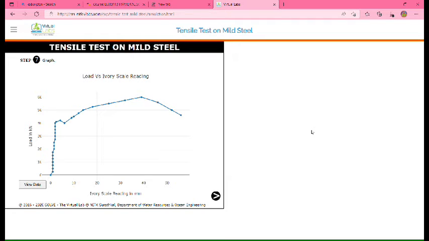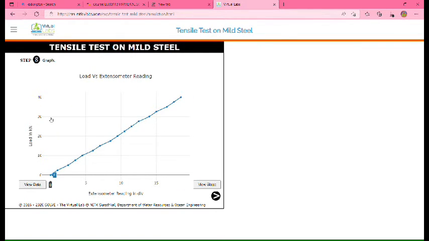Okay, so for step 7, we got graph for load versus scale reading. And this is the graph. And for step 8, we got graph for load versus extensometer reading, and this is the graph.